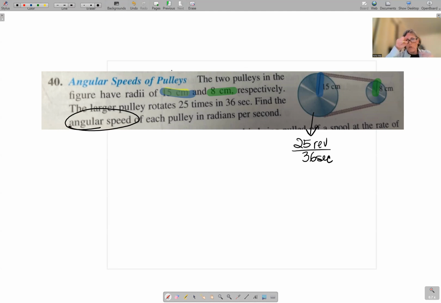Well, the angular speed is the number of rotations. So obviously the angular speed is going to be right here. That's omega equals theta over time.